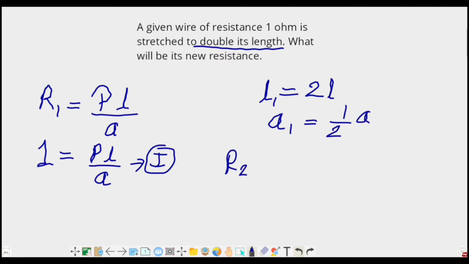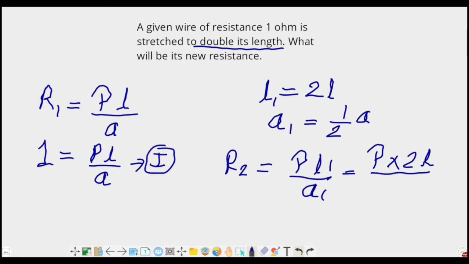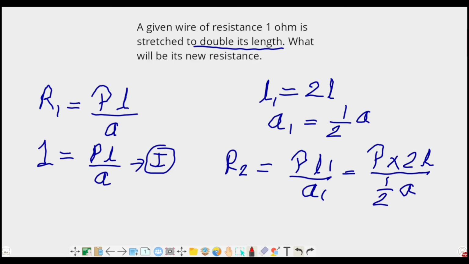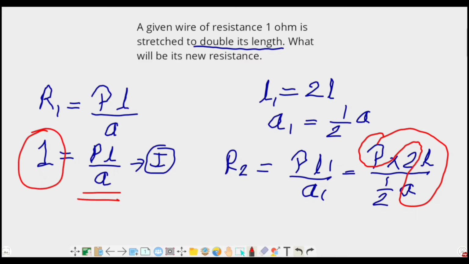So your R2 will be, rho will be the same because the material is the same. Instead of length, I'll take L1, and the area will be A1. According to the relation, your L1 is 2L and your A1 is half of A. Now rho L by A is your 1.